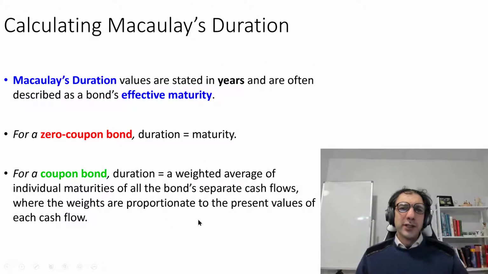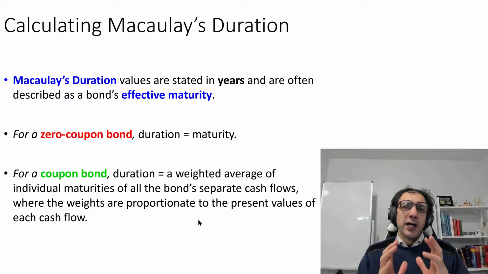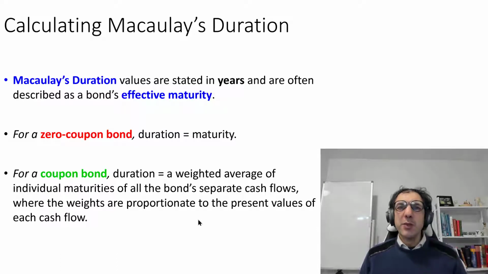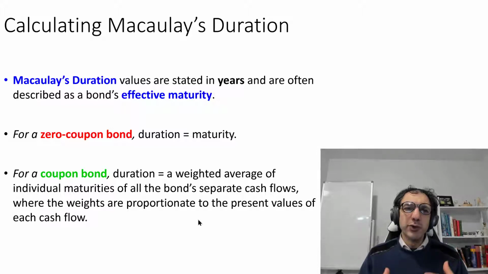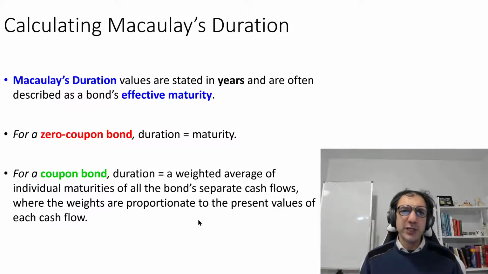As we mentioned in the previous session, duration is based on the number of years, and it is also called the effective maturity for bonds. So, duration is showing the bond's effective maturity.